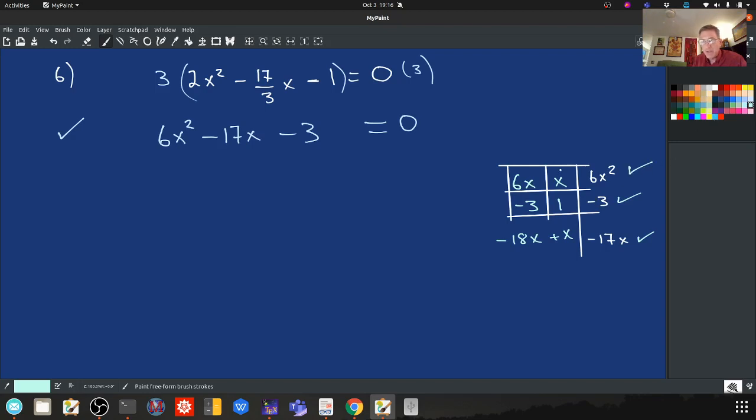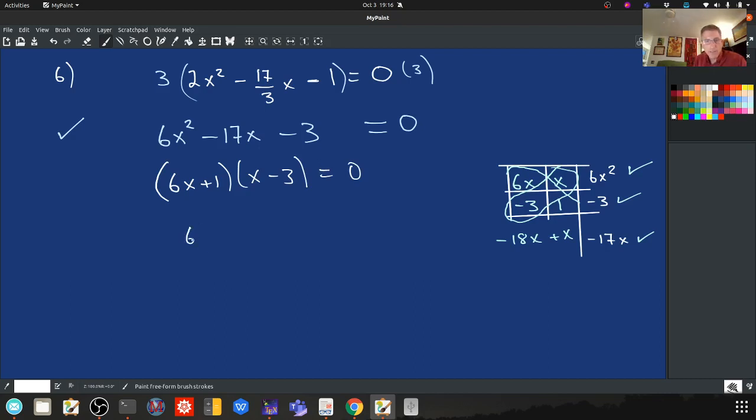So my factorization is given by going kitty corner. And I've done that enough that you should be able to just look at it, remember, and say this is the same as 6x plus 1 times x minus 3 is equal to 0. And now we just use the zero product theorem.